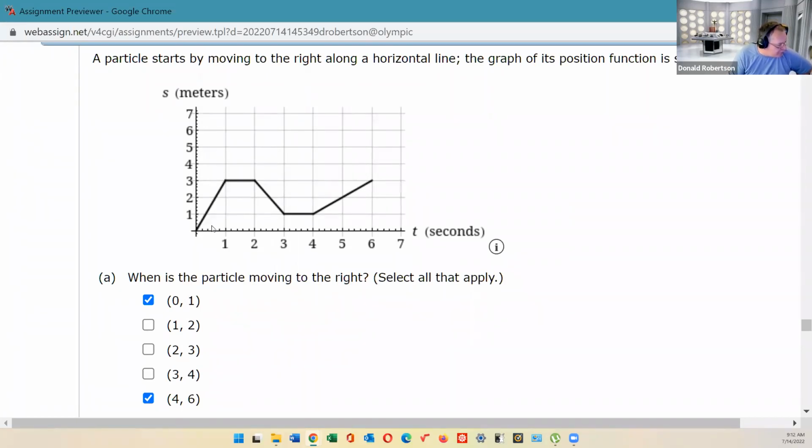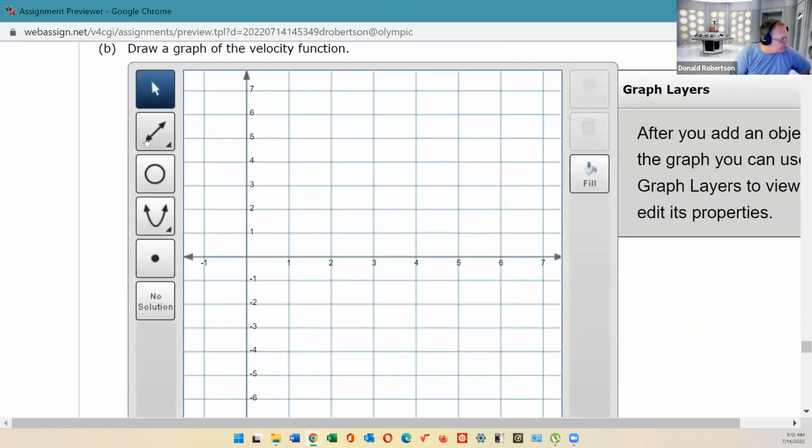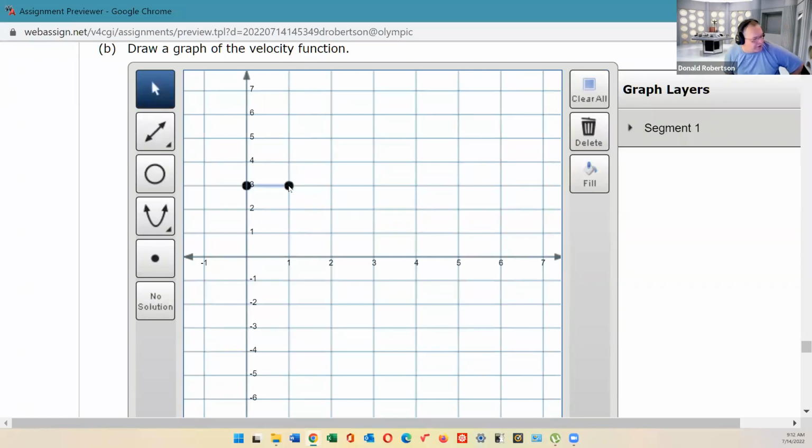From t equals 0 to t equals 1, would you agree that it is a positive slope? And if you do a little 3 boxes by 1, would you agree that the velocity from 0 to 1 second is 3 meters per second, right? The slope of that line. So you click on this guy, you click on there, and you go from here to here, it's 3.